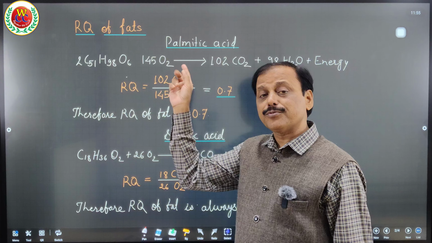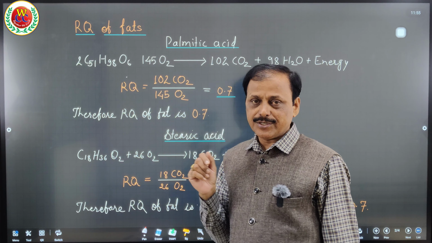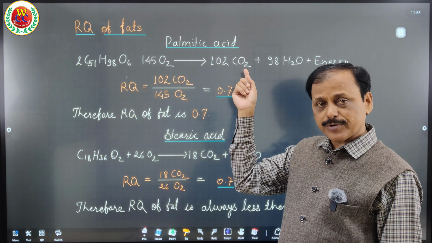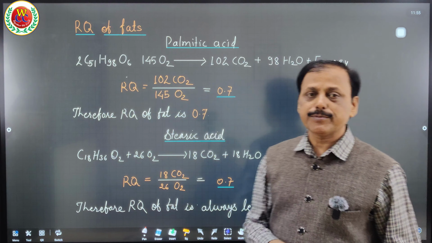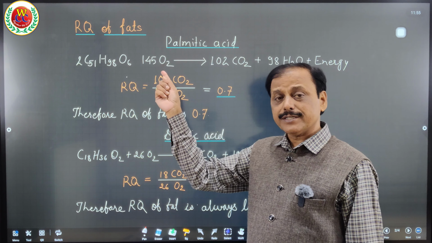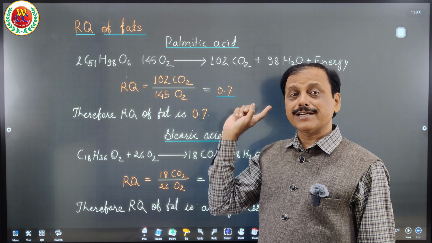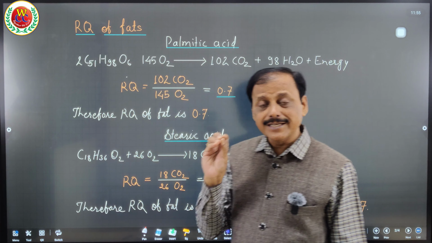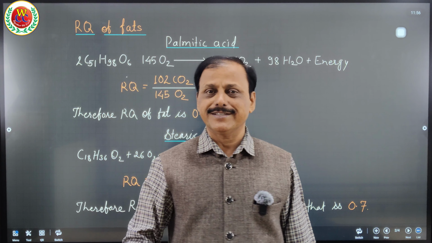Therefore, 145 molecules of oxygen are required for 2 molecules of fatty acid. What amount of carbon dioxide is released? 102 molecules of carbon dioxide are released. What is important is that fat requires more oxygen than the carbon dioxide released, and naturally, when more oxygen is required, the respiratory quotient has to be less than 1.